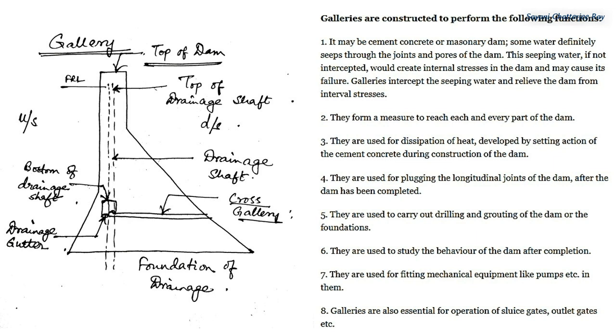They are used for drilling and grouting of the dam or the foundations. They are used to study the behavior of the dam after construction. They are also provided to house various mechanical equipment inside. They are used to operate sluice gates or outlet gates, etc.